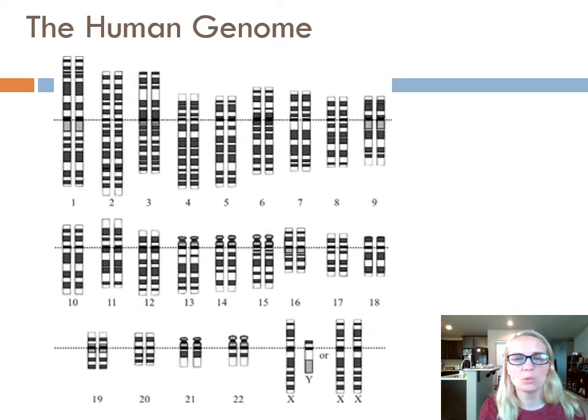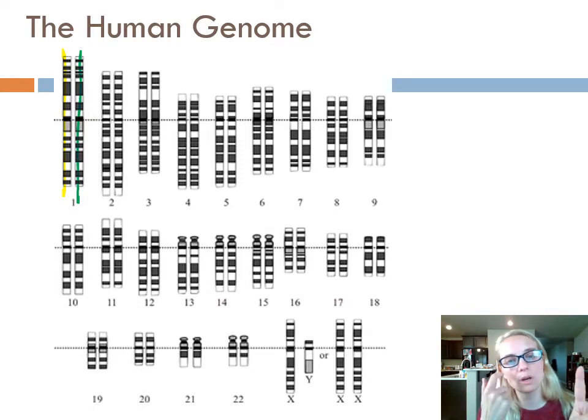So the human genome, when we talk about that, is just the collection of all the genetic material inside of your cells. So for humans, our human genome consists of 46 individual chromosomes, 23 pairs. What that means is you have one chromosome number 1 from mom, and one chromosome number 1 from dad.